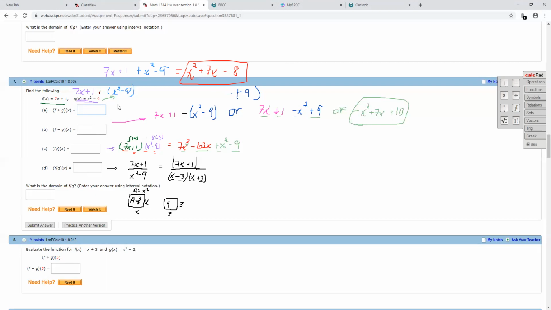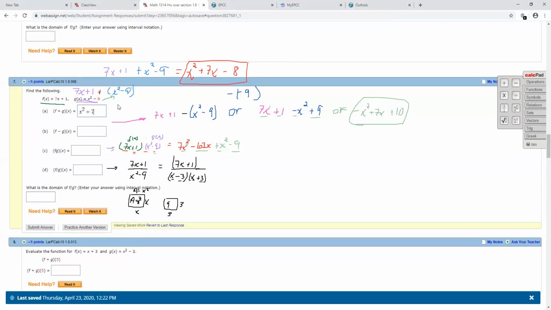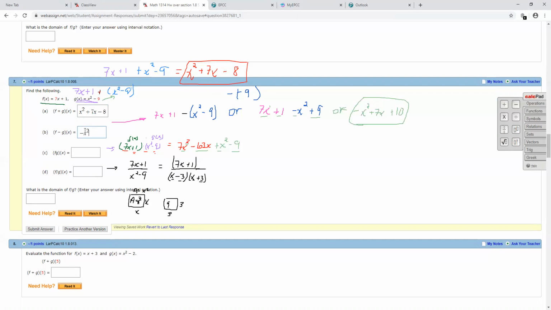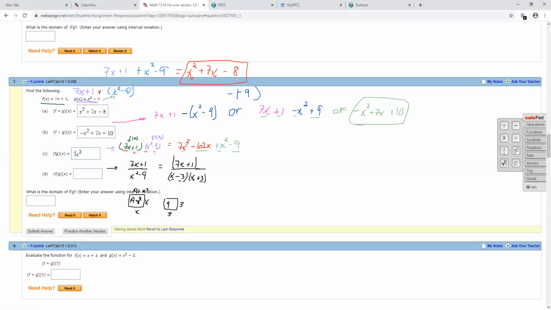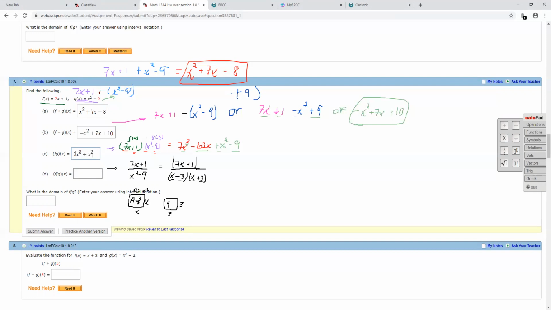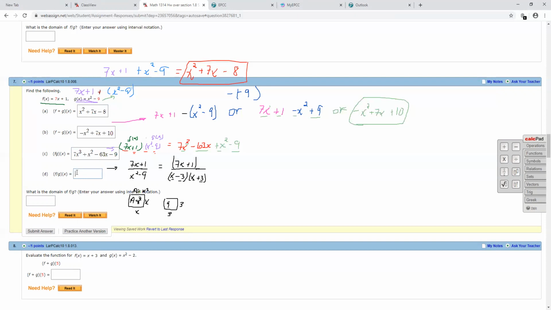Okay, so we have x squared and we have this fraction.